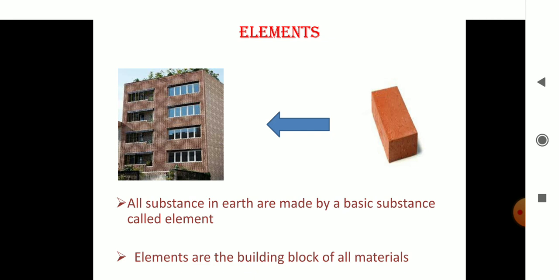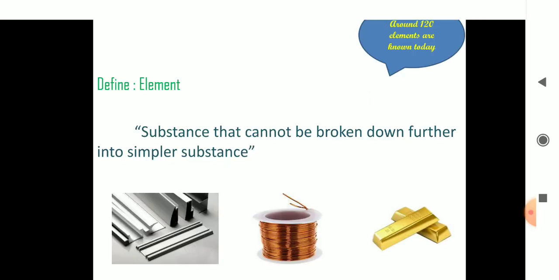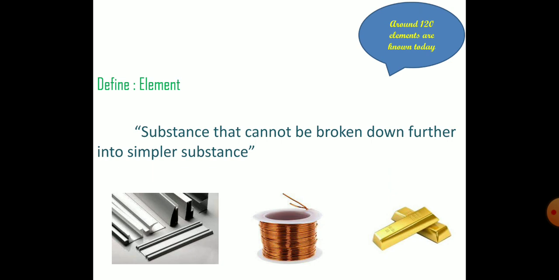Then in the next slide, we will define element in a scientific way that was proposed by a scientist called Robert Boyle. So this is the definition of element. It is nothing but substances that cannot be broken down further into simpler substances, which means they are the ultimate particles. We cannot divide them furthermore.